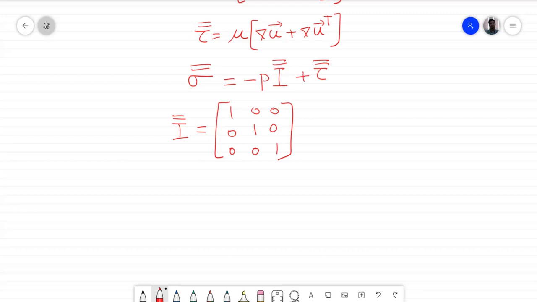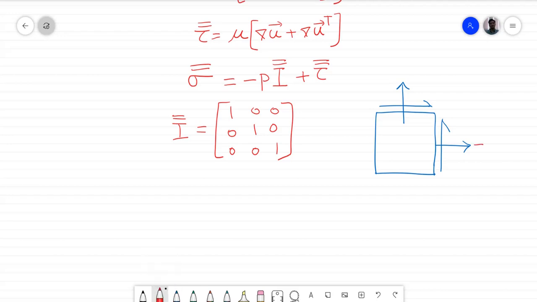What does this mean? Why do we have this minus p here? What is the meaning of that? Let us zoom into the element. By default, the stress direction is taken as the outward normal in the positive directions. So let us see only the positive directions for now.